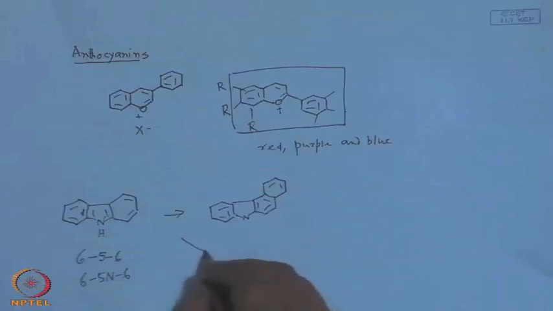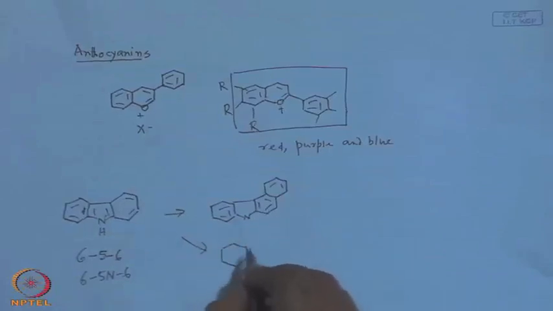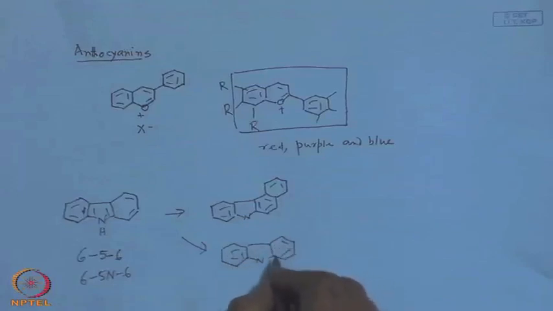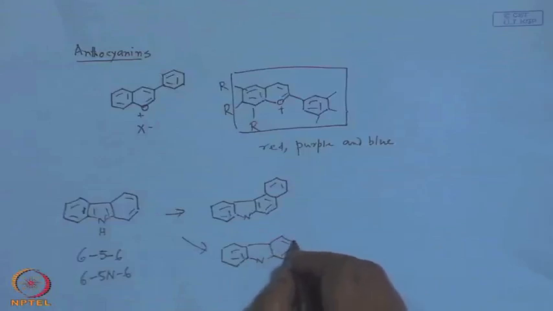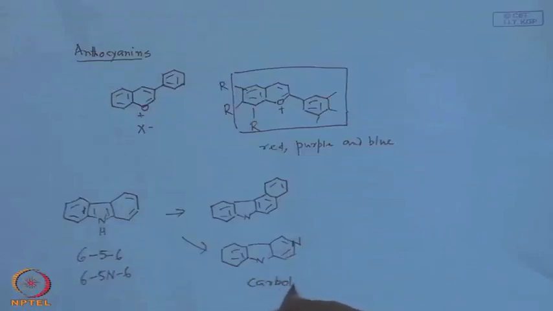Then you can increase the structural diversity just by putting one more nitrogen somewhere else. For example, if the nitrogen is placed para to this other nitrogen, this is categorized as carboline.